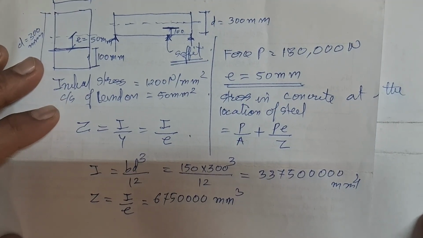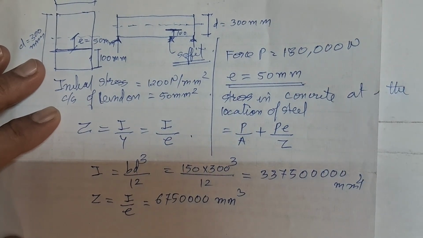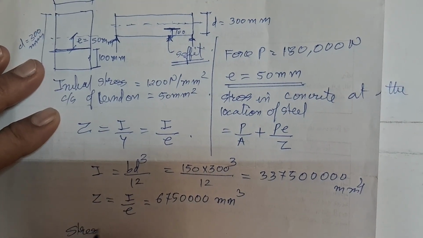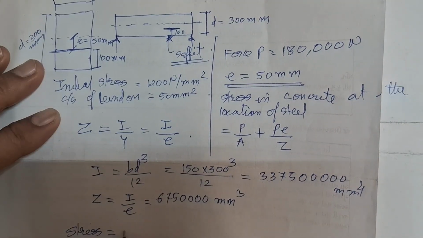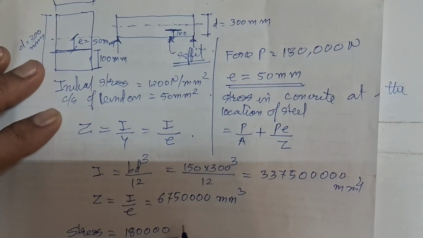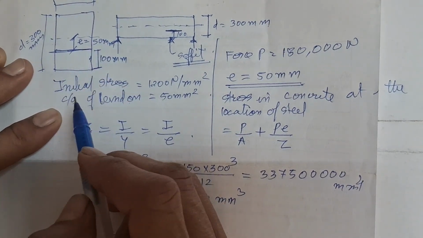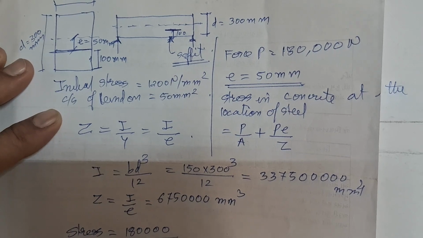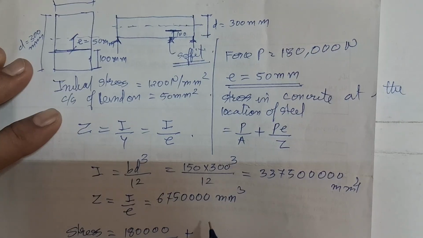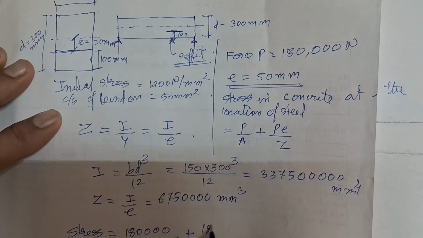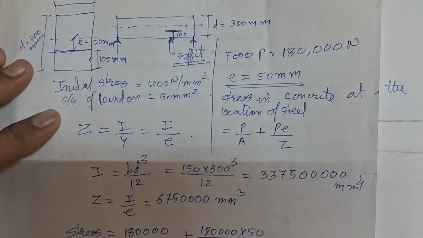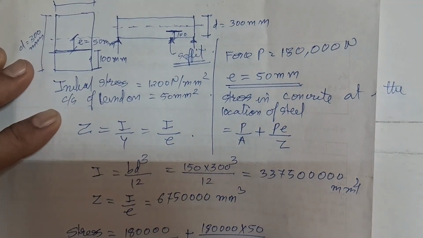I hope you are understanding. Let us put in this equation, P by A plus Pe by Z, for the stress. Here P is 180,000 Newton. A is the cross-section area of this beam, that is 150 into 300, plus Pe by Z, that is 180,000 into e, which is 50, divided by Z, which is 675.